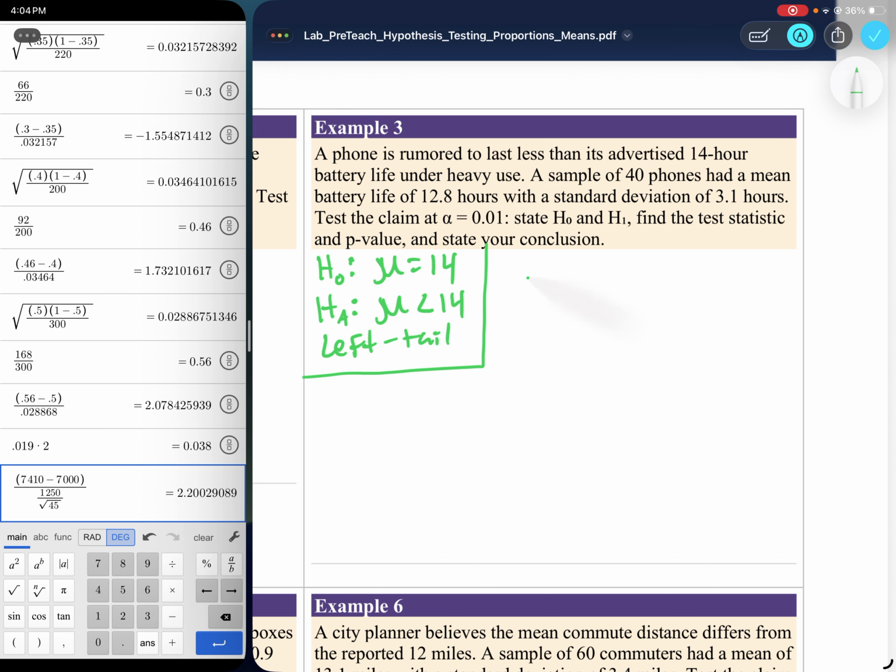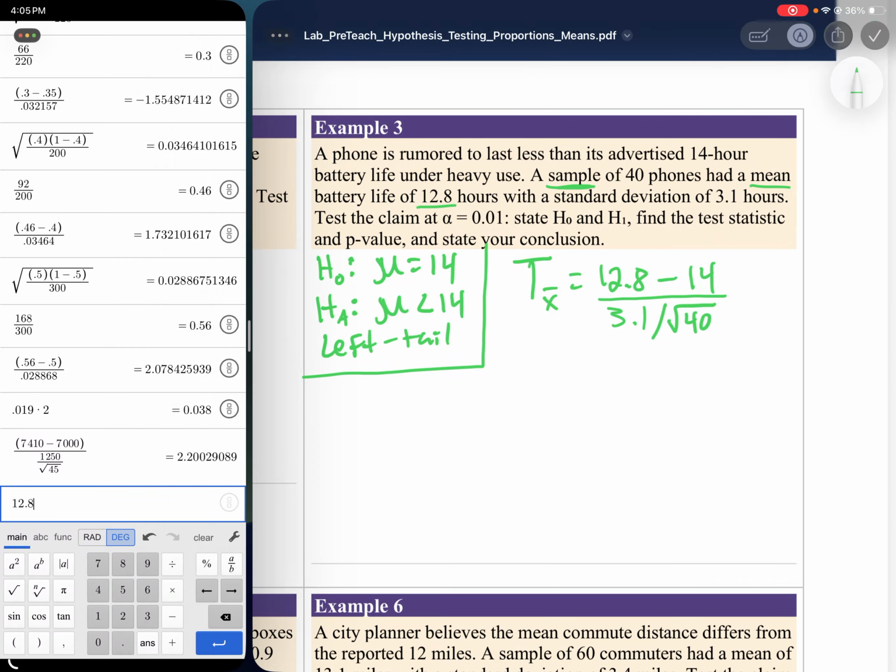So let's get our test statistic, which will be a t statistic. In order to get our t statistic, we're going to take the sample mean, 12.8, minus the null hypothesis, what we think is true of the whole population, divided by the sample standard deviation over the square root of the sample size of 40.